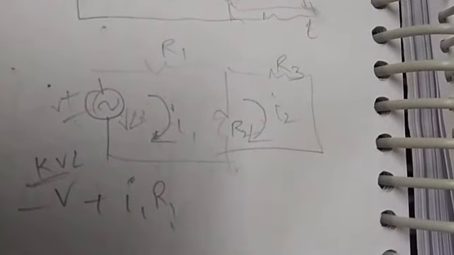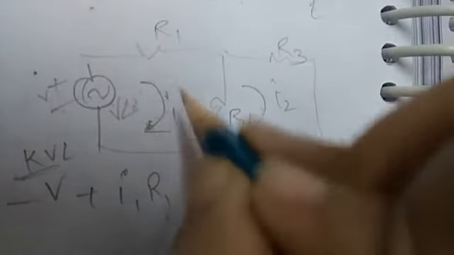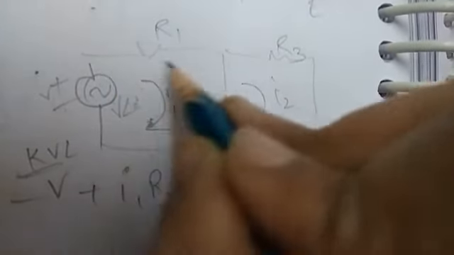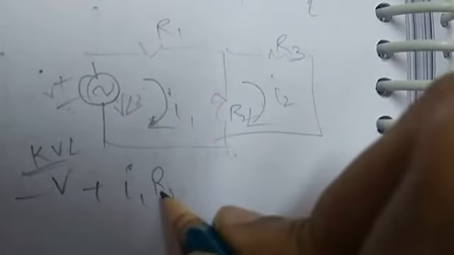So I am applying KVL here, which you already know: the sum of voltages and voltage drops equals 0. Here we are talking about mesh 1, so I1 current is flowing there, giving the I1 R1 drop.